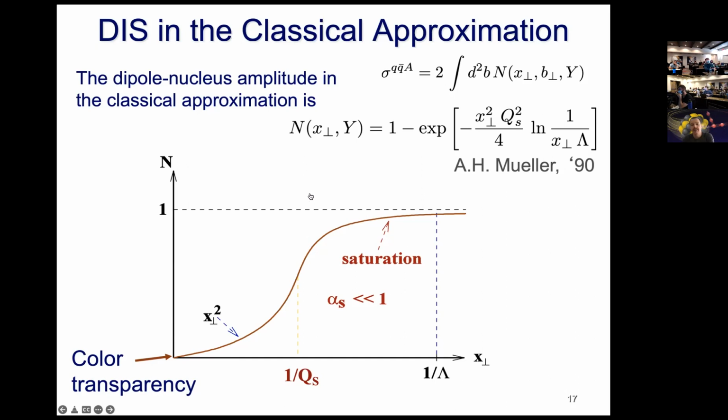And if we don't have multiple rescatterings, if we just keep this to the lowest order, the single rescattering, so in other words, take this 1 minus exponential formula and expand it to the lowest order and plot it as a function of x perp squared, it will just grow unchecked as pretty much a parabola times a log.